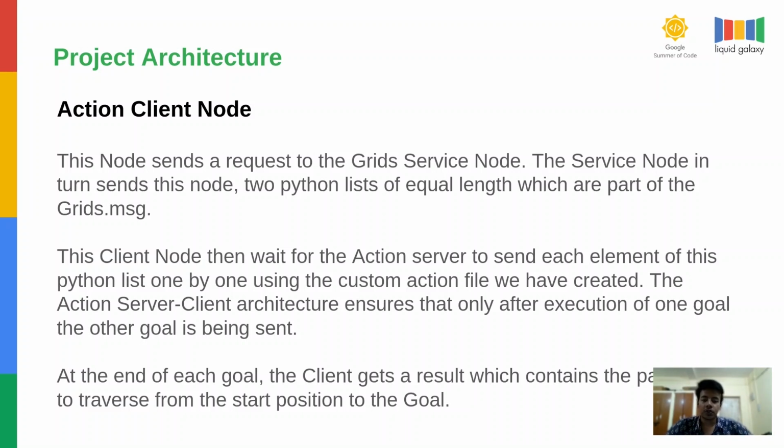After the execution of one goal, the next goal is sent. At the end of each goal, the client gets a new result which contains the path length. Here it is written path length.